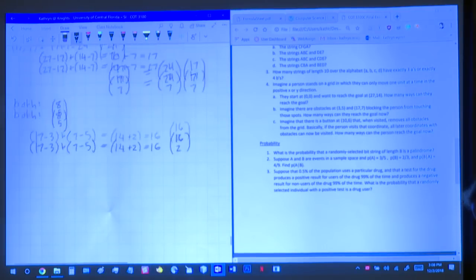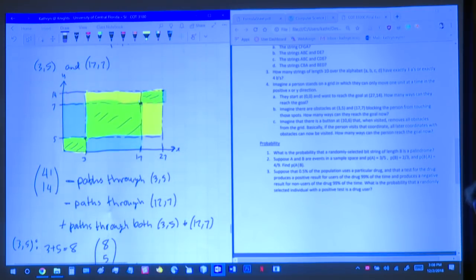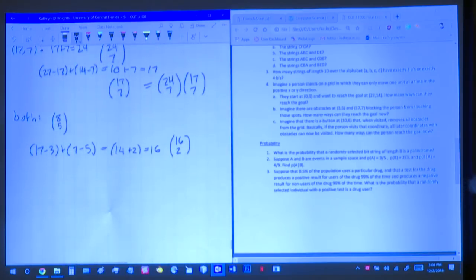And then we already calculated from 17 to the end, that is 17 choose 7. So this one would be 8 choose 5 times 16 choose 2 times 17 choose 7.